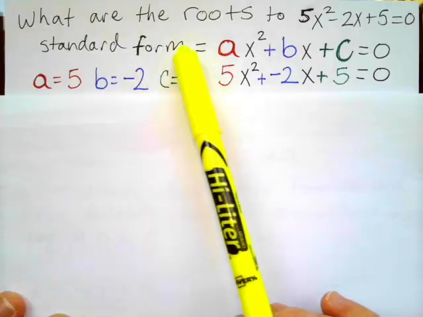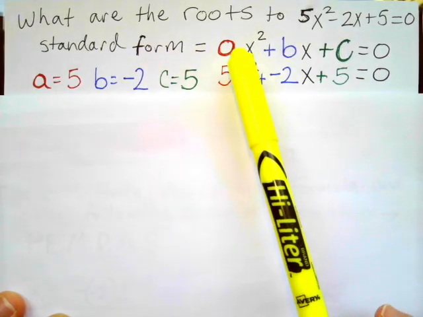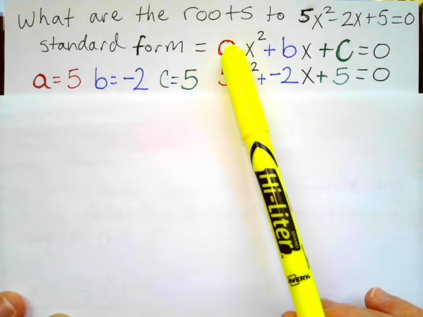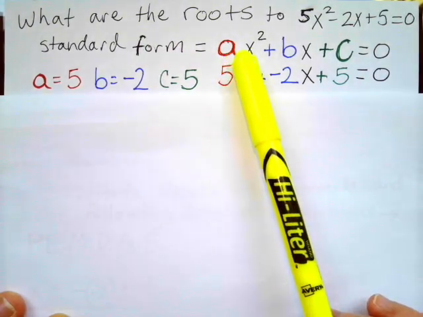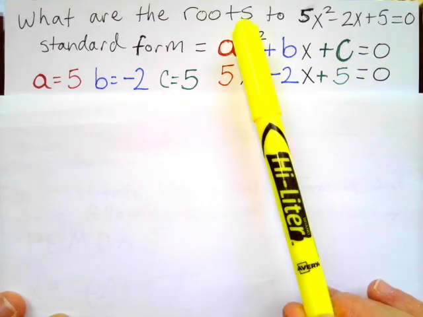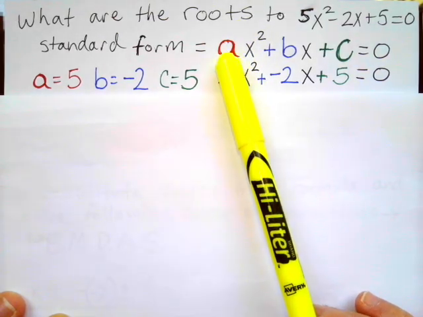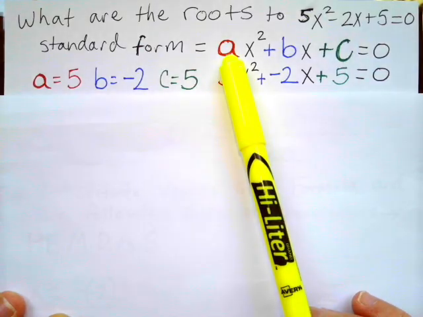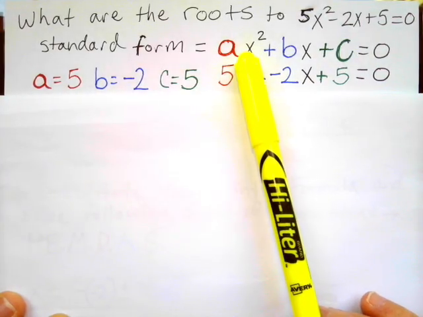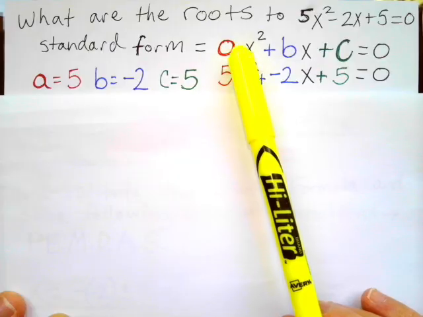So understand standard form. You have a number, a coefficient, represented here by a, in front of that x squared, even if it's just an invisible 1. That'll represent your a in the formula. A is the number in front of x squared.